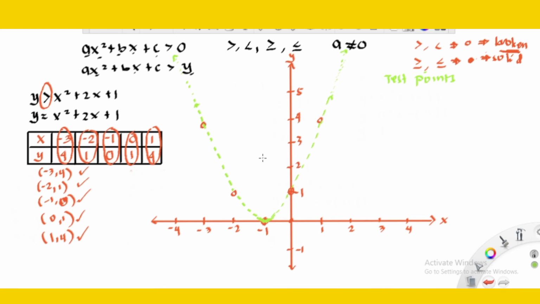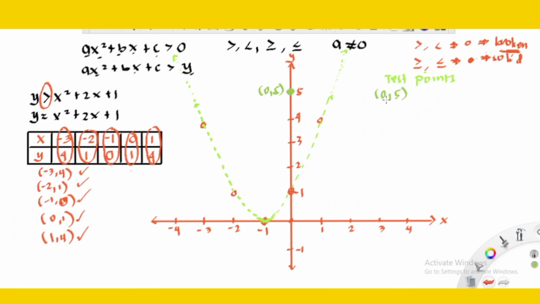So, simulan natin sa loob. Kahit anong point na sakop ng loob, pwede nyong kunin. Bahala kayo kung anong gusto ninyo. Let's say, gusto kong kunin tong point na to. So, this point is (0, 5), as my test point.